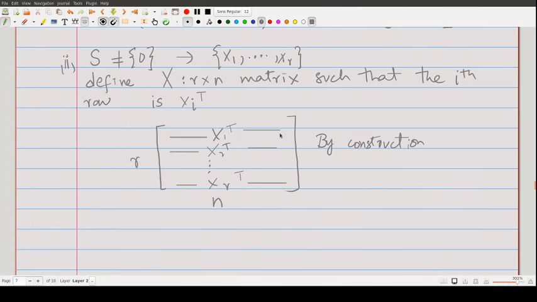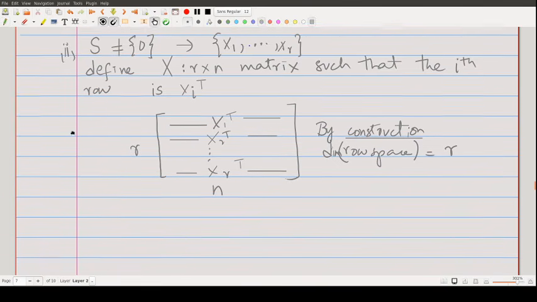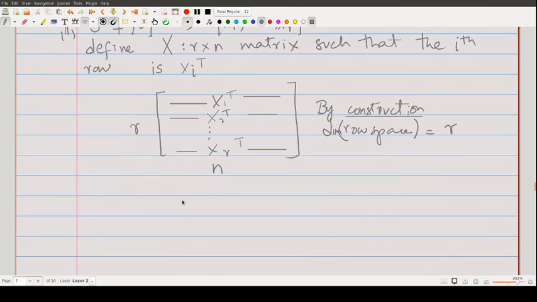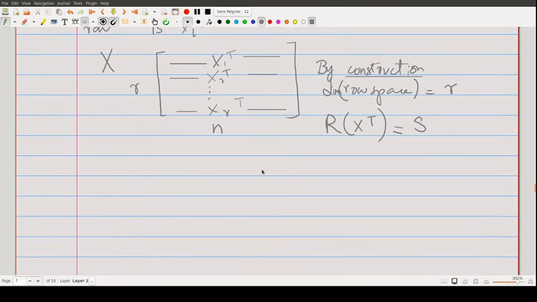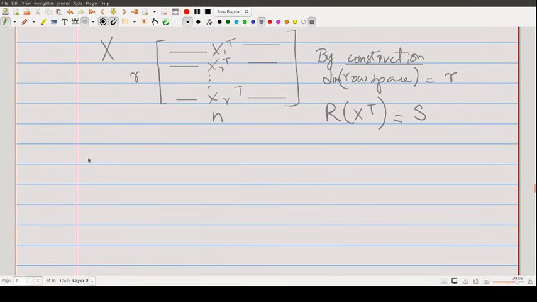If I consider the row space, it is just the set of linear combinations of the rows, and the linear combinations of rows give me S. So the dimension of the row space is going to be r, because that's essentially the dimension of S. And if you notice, the range of X transpose, if I transpose this matrix, all the rows become columns, and the column space, the range of X transpose, becomes just S, because you've just converted the row space into the column space.